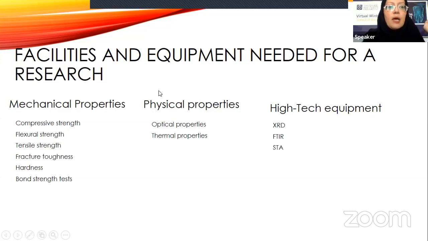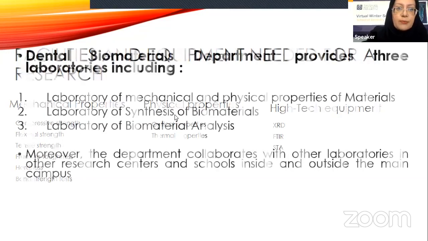For mechanical, physical, and other properties of materials, you need different equipment for evaluating compressive strength, flexural strength, and tensile strength. We are talking about all of these properties, and also physical properties.